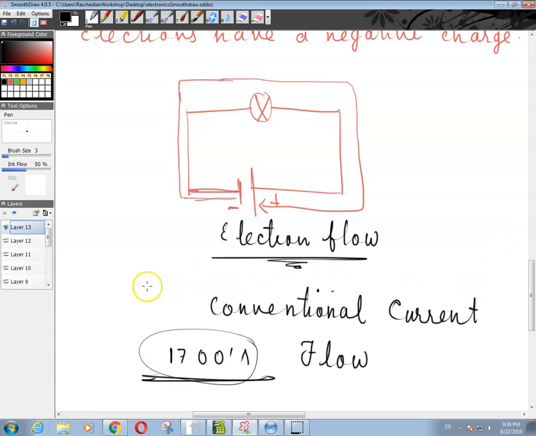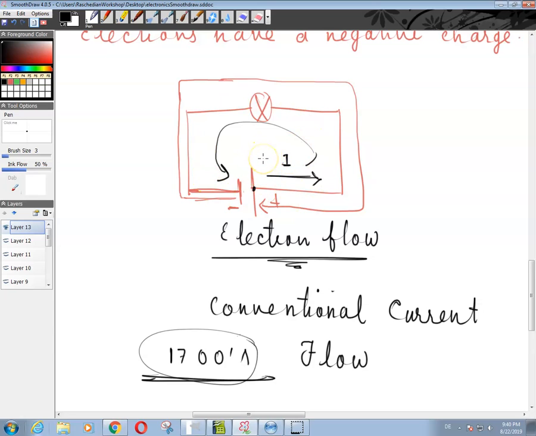And what they thought basically was that the current was going from the positive terminal of the battery to the other terminal, to the negative terminal. They thought that the direction of current was actually from the positive all the way to negative, meaning this way, like this.